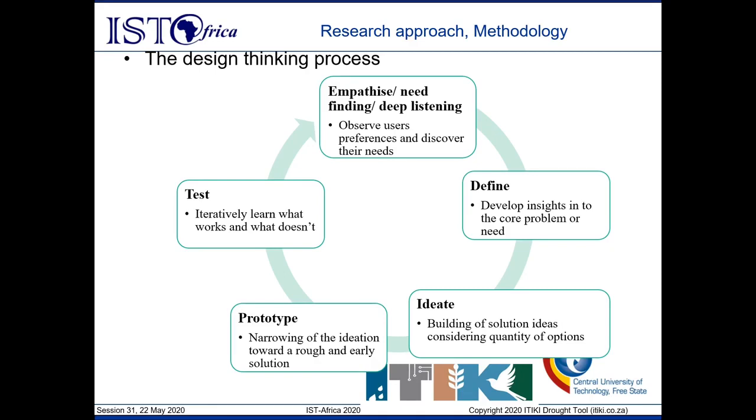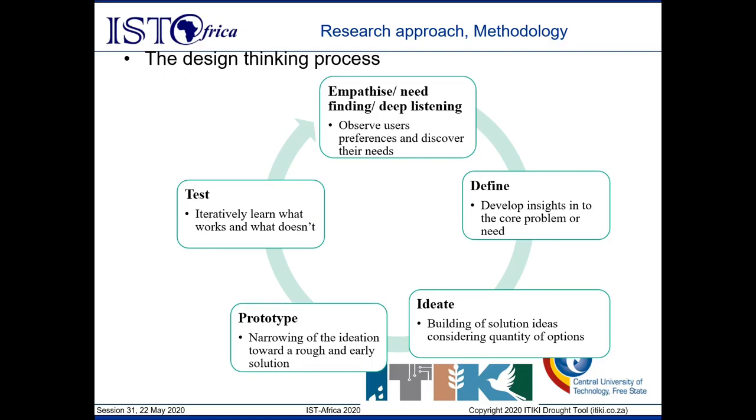How do they know the coming season will have less rain? Then the next step is the defining step, where we needed to develop insights into the core problem or the need that the farmers had.